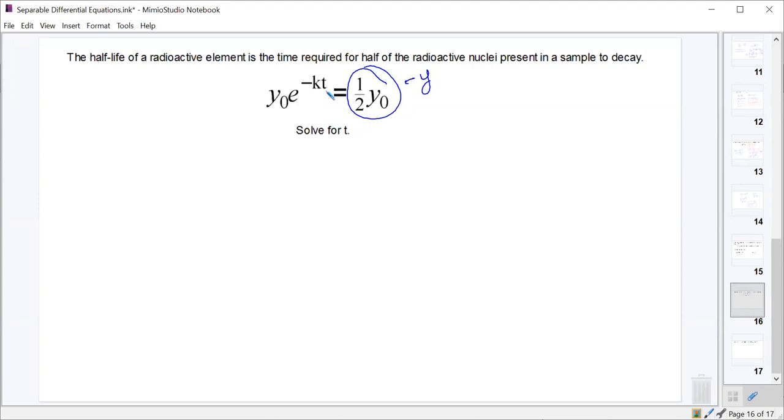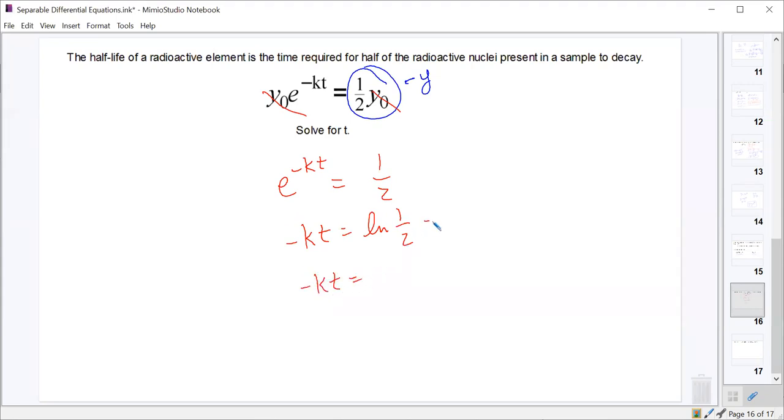And so now we should be able to use that to solve for t. We can cancel out the y naughts to get e to the negative kt equals 1/2. We'll take the natural log of both sides to get negative kt equals natural log of 1/2.